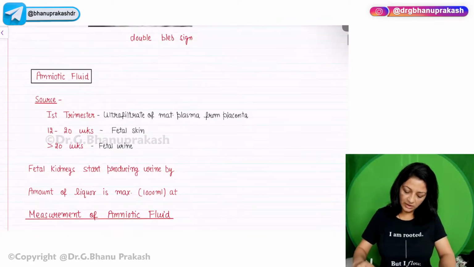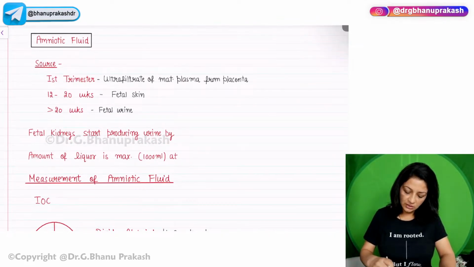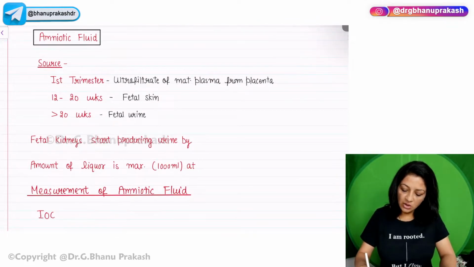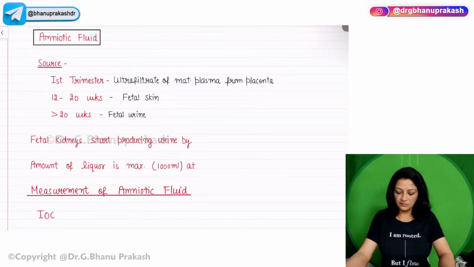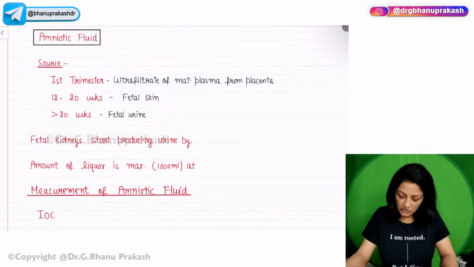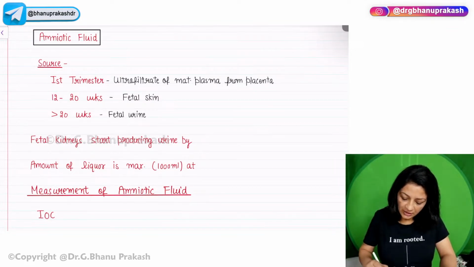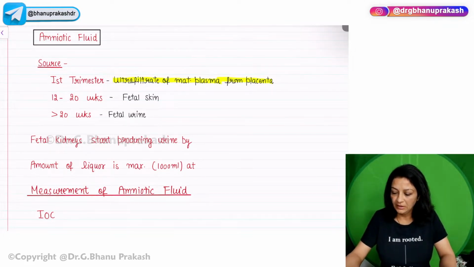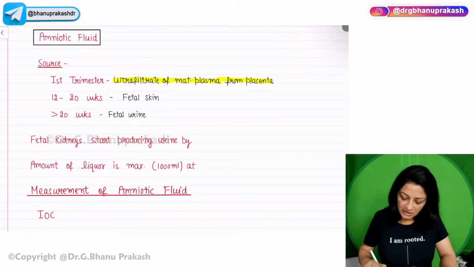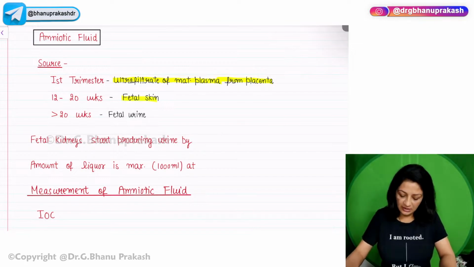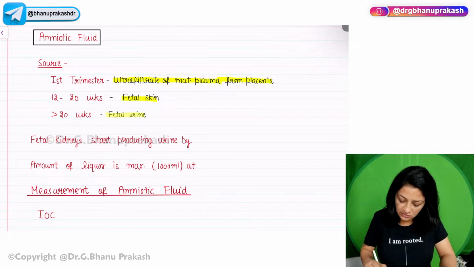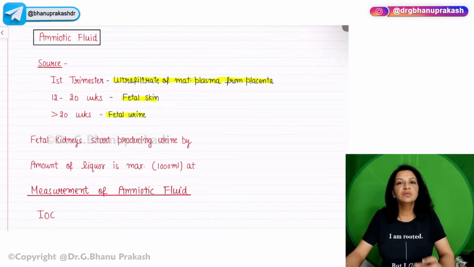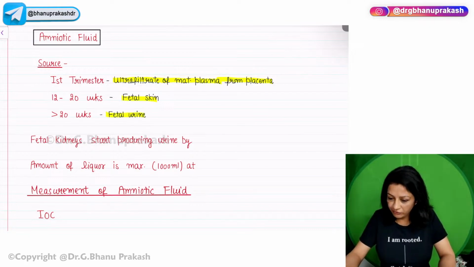So next one is amniotic fluid. What is the source of amniotic fluid? In the first trimester, what will the source be? Ultrafiltrate of maternal plasma from the placenta. At 12 to 20 weeks, fetal skin, and after 20 weeks, fetal urine. The main contribution is from fetal urine.